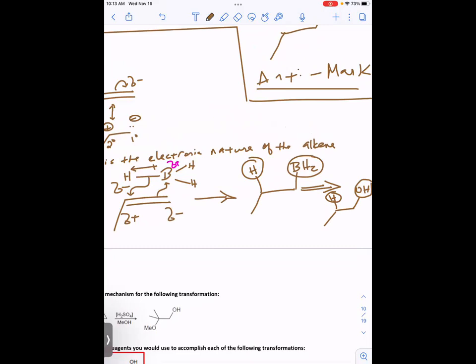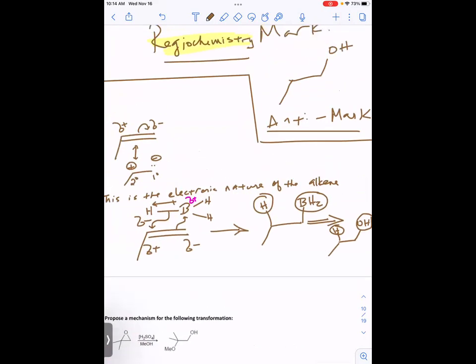BH3, when it lines up to insert into the alkene, is going to line up based on those dipoles. So that's why we see what we see. That's why the OH always ends up on the least substituted carbon.